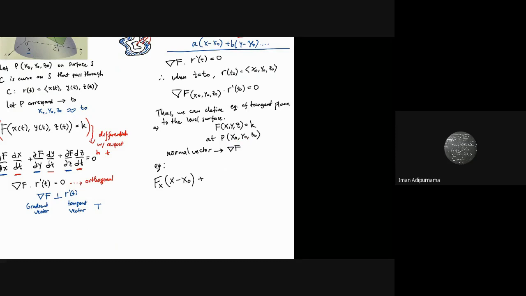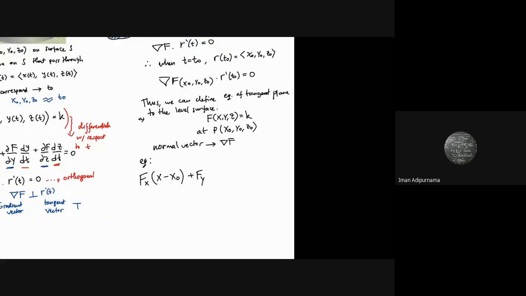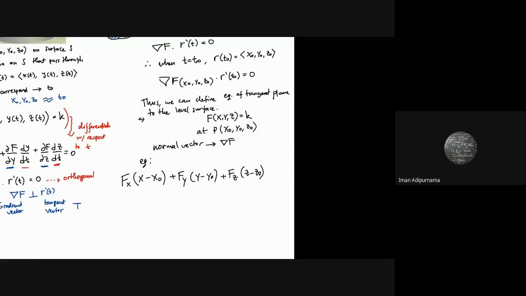Okay, we already defined that. So partial x times (x minus x0) plus partial y times (y minus y0) plus partial z times (z minus z0), and this is equal to 0. Okay.